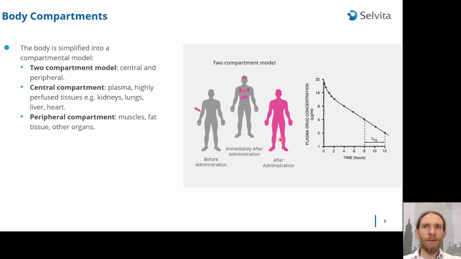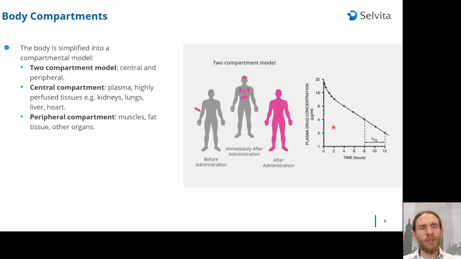After some time, the drug is distributed into the peripheral system, peripheral organs with low perfusion, like muscles, fat tissue, and other organs.